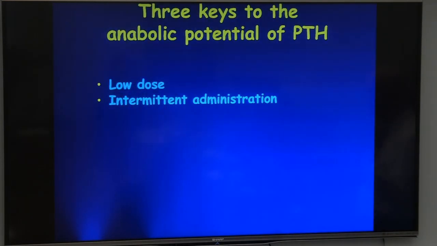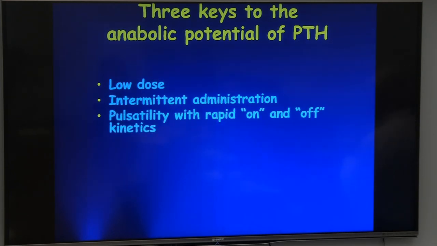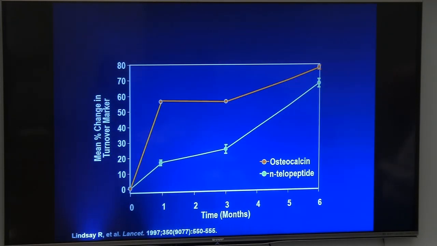So the thinking is that low-dose, intermittent administration with pulsatility kinetics, such that PTH is rapidly increasing in the circulation and presumably at target tissues, and then lost, leads to a differential effect of PTH to be more anabolic than catabolic.